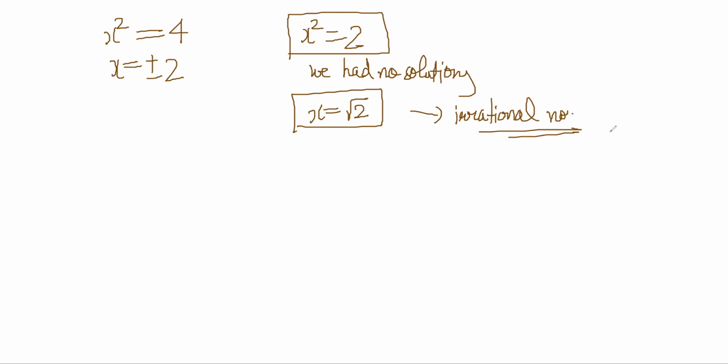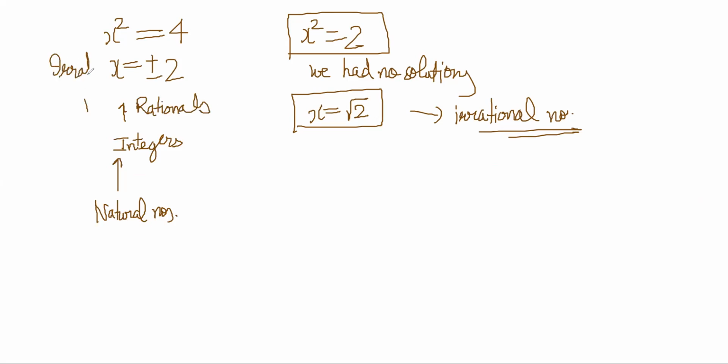So finally, basically, what are we doing? We have started from natural numbers and we are only constructing new types of numbers to deal with the requirements. Integers, then rationals, then irrationals, and rationals and irrationals together are called real numbers. Real numbers is just rational plus irrational.